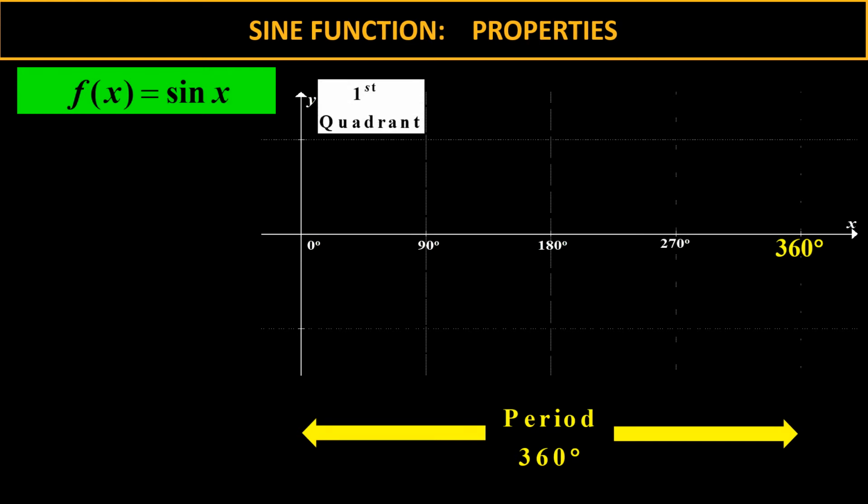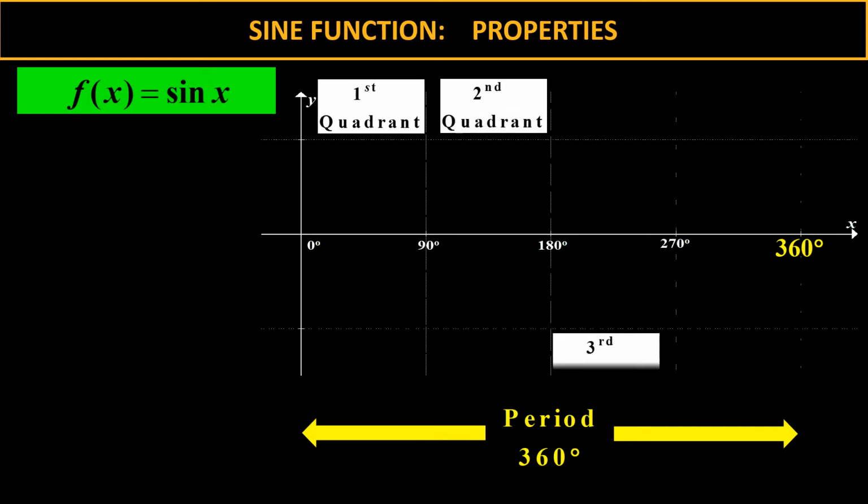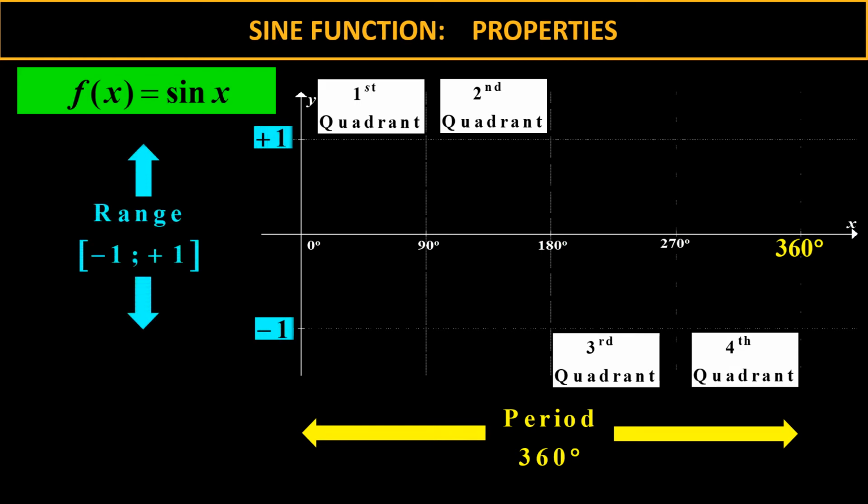As we know, the sine function is positive in the first quadrant, positive in the second quadrant, negative in the third, and negative in the fourth quadrant. The range of the sine function is between -1 and 1. So in other words, the function values for sine x will be between -1 and 1.